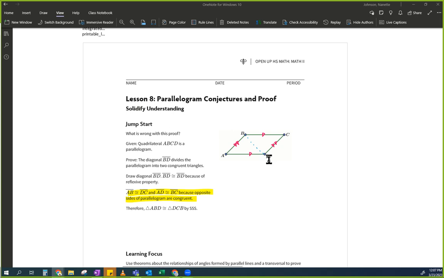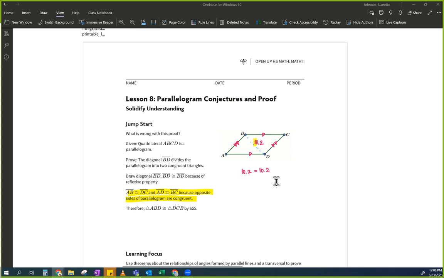Good. Okay. So this is the statement that they're saying. Let's say that was whatever number you chose. Okay. I'm going to use the number 10.2 just for fun. And so if BD is congruent to itself, that means that 10.2 is equal to 10.2. Is that true?